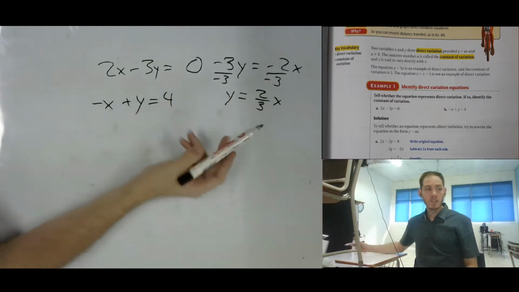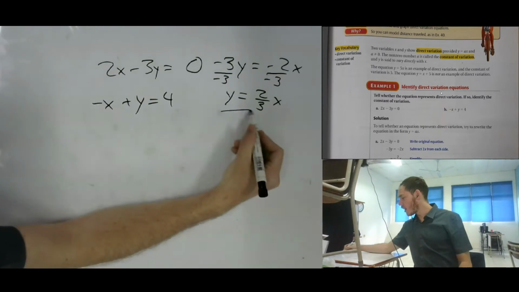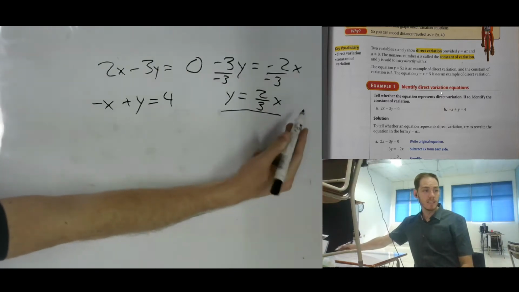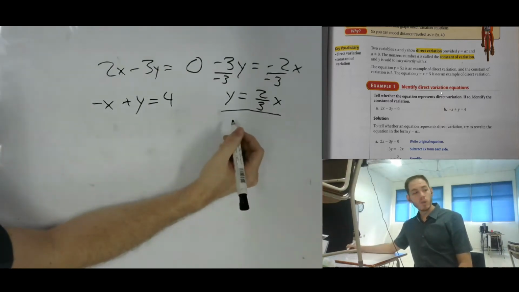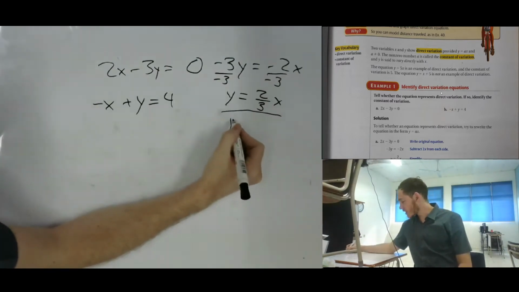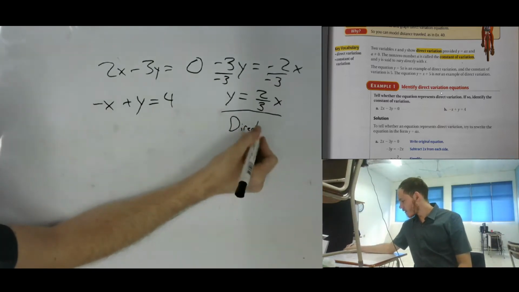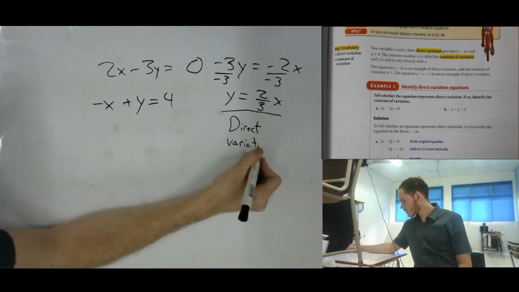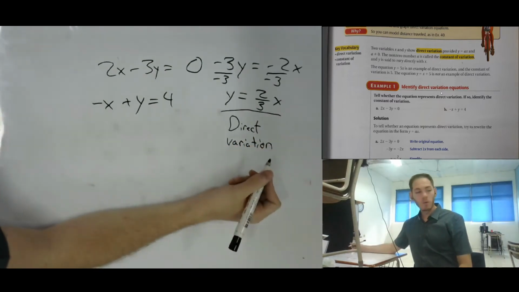Now does this have no y-intercept? Yes. Okay, no y-intercept, right? This is a 0 right here. We can't see anything. So that is direct variation. Okay, what else is true?